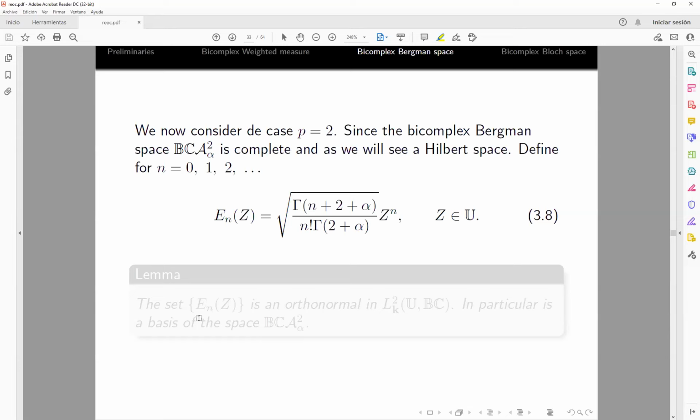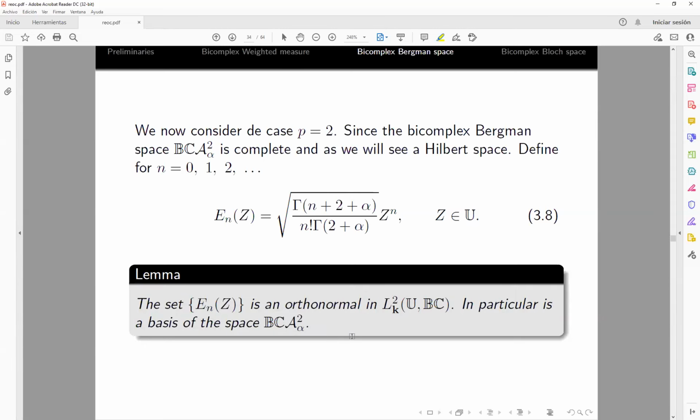Since the bicomplex Bergman space is complete, and we will see that it is a Hilbert space, we define this monomial S_n of z equal to this constant times the monomial z, the bicomplex variable, to power n.